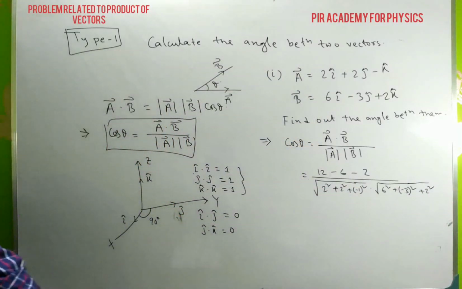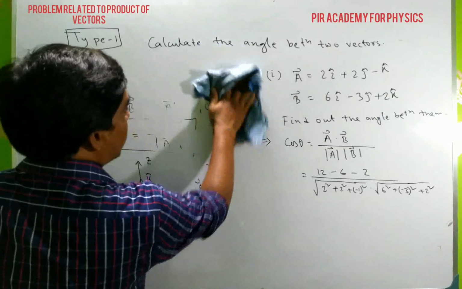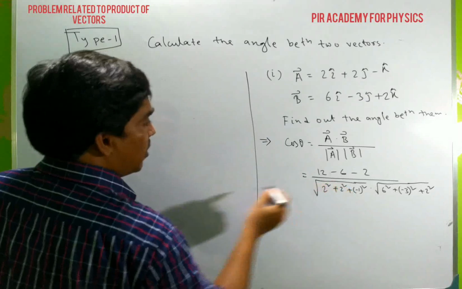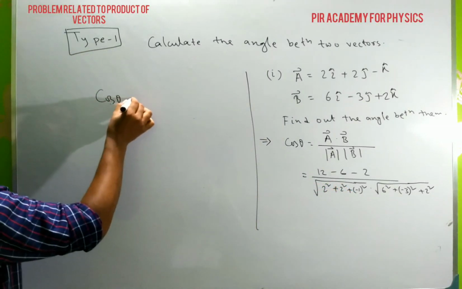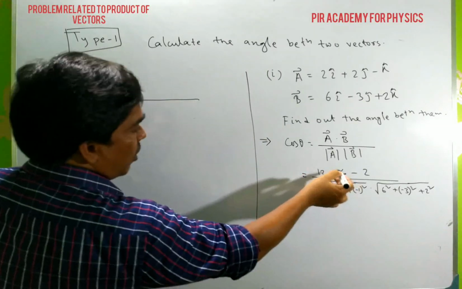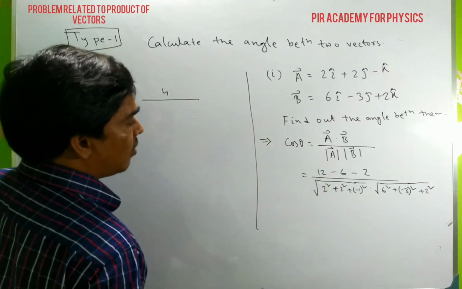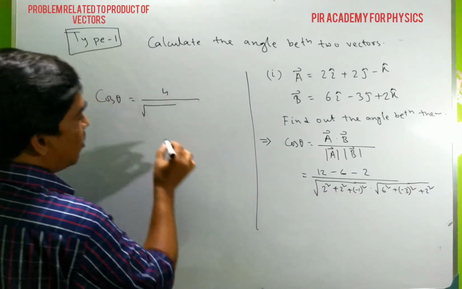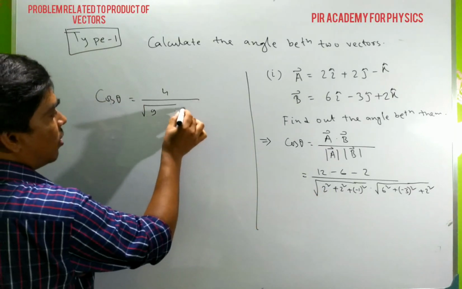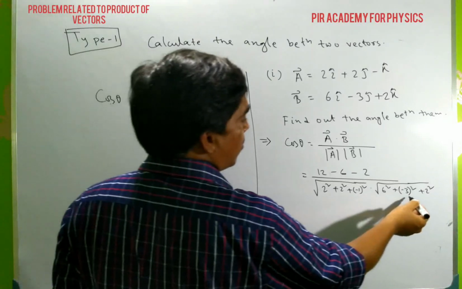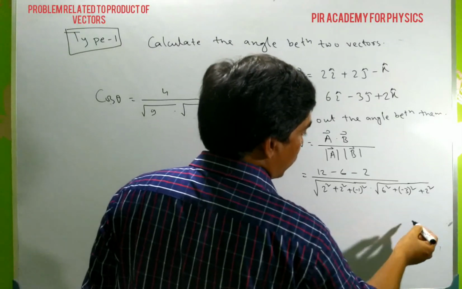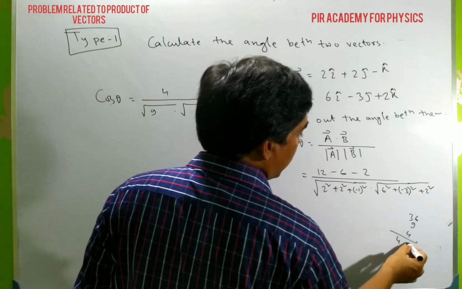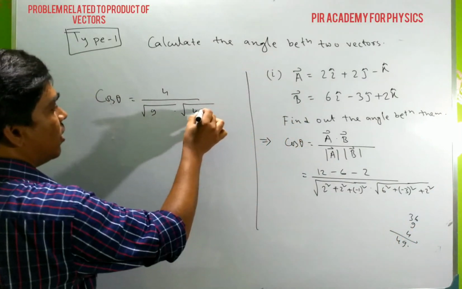That means cos theta equals 12 minus 6 minus 2, that means 4, and here 4 plus 4 plus 1 is 9, root 9 is 3; and 36 plus 9 plus 4 is 49, root 49 is 7.